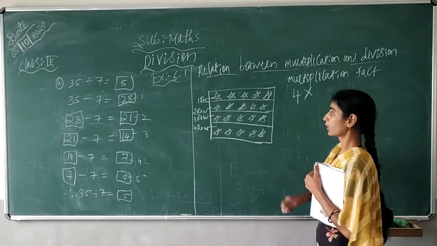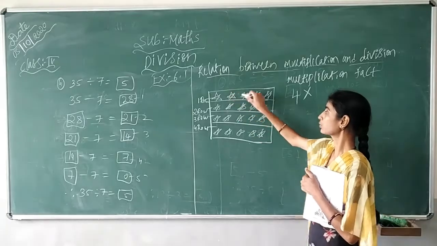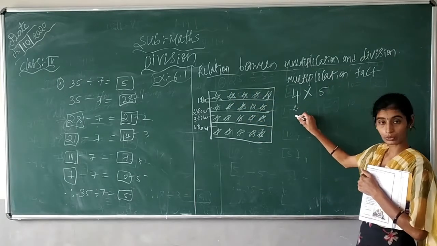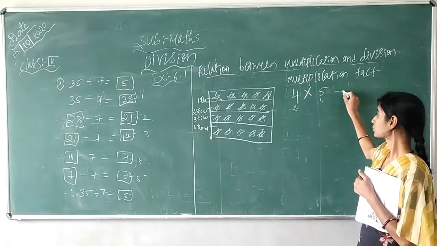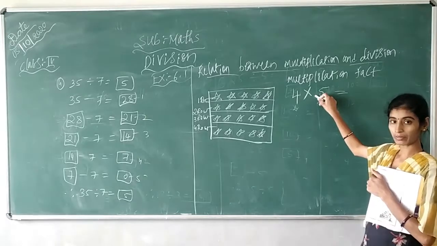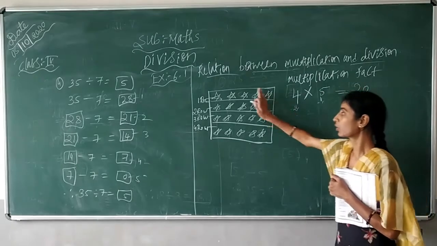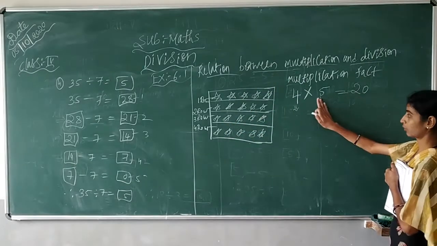So 4 into how many stars are there in each row? 5. 1, 2, 3, 4, 5. So here you have to write the number of rows, here the number of stars present in each row. So now 4 into 5. Multiply 4 into 5. How much are you getting? 20. Now all together if you count all the stars, you are going to get 20.